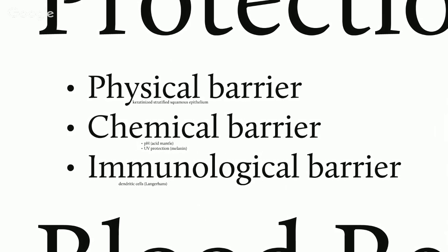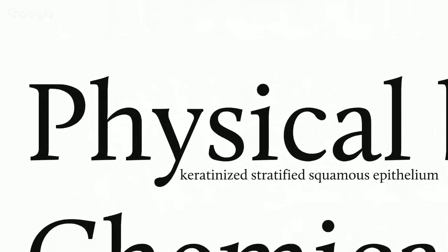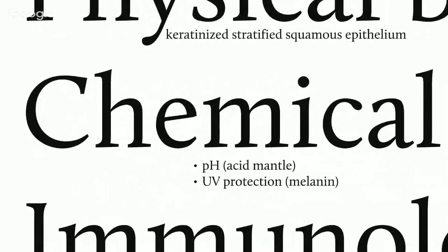I have this under chemical barrier because it's not really a better place to put it, but the other thing it says there is, and let me see if I can zoom in on this actually, is UV protection. Now, ultraviolet radiation, you could maybe make a case for saying that's kind of a chemical thing, but what's more important is the chemical that protects us from that, which is melanin. Okay?